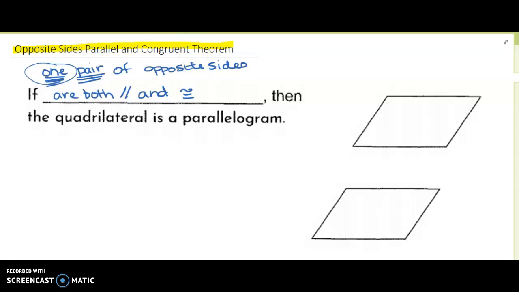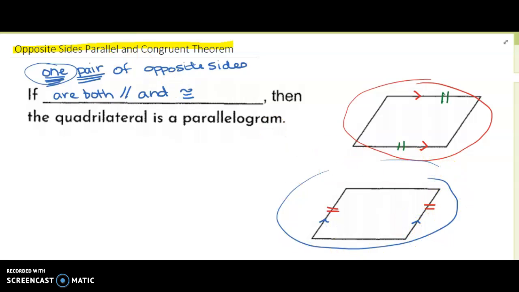Okay, so for example, if I know that this side and this side are congruent, but I also know they're parallel, that would be enough to conclude this is a parallelogram. Or the same thing about this side and this side. That would be enough to prove it's a parallelogram.